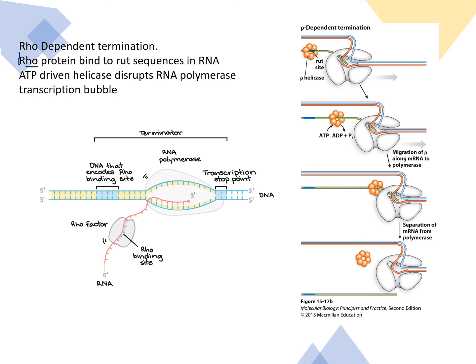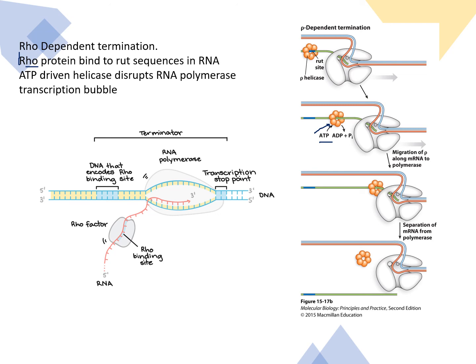Once they're transcribed through, then the rho protein binds to the native transcript. This is the image from your textbook, and this is what they use to represent a helicase generally, and it can whiz along there and scoot up and twist along the transcript. It is an ATP-dependent mechanism and causes the dislodging of the polymerase from the template.